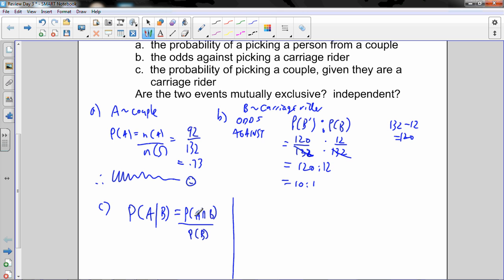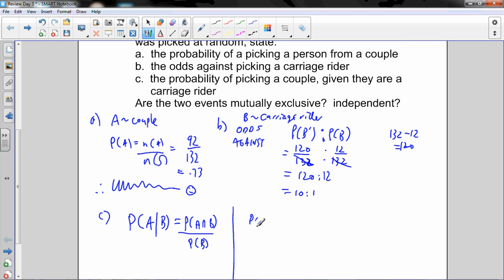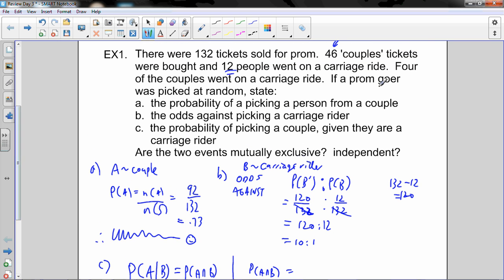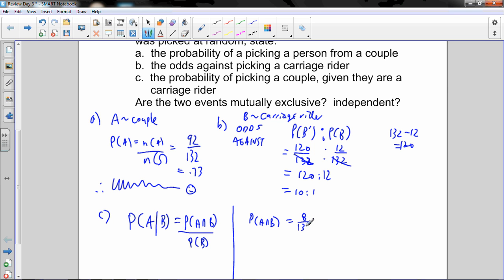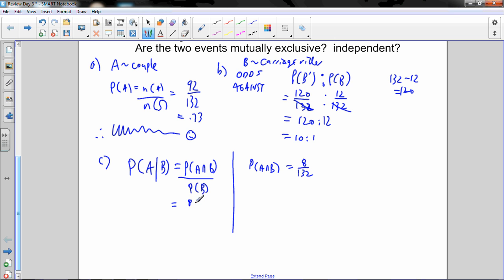And the probability that we have both things happening is, well, there were 4 of the couples went on a carriage ride, right? 8 out of the 132 people, where the carriage riders was, what was it? It was 12 out of 132. So if I wanted to do this probability, it's 8 over 132 over, probability of B here was 12 over 132. Again, the bottoms will cancel out. 8 over 12, which is about 67%.